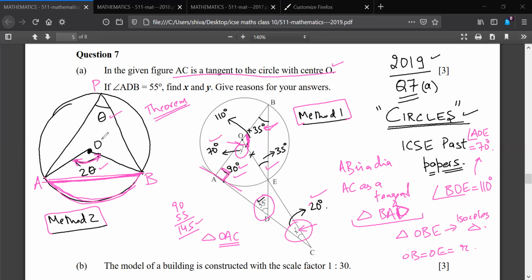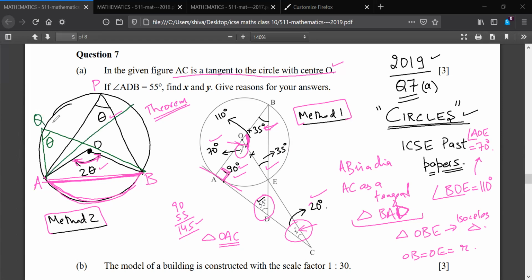A very natural outcome of this theorem is that if I have any other angle like this, this line got a bit distorted, this angle would also be theta. So is there any doubt? No, sir.